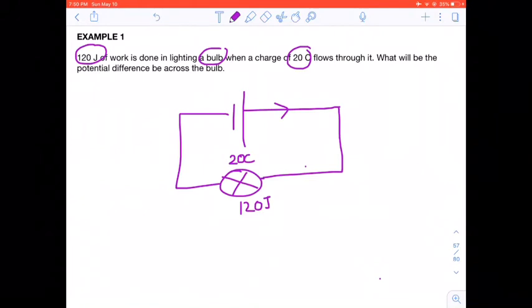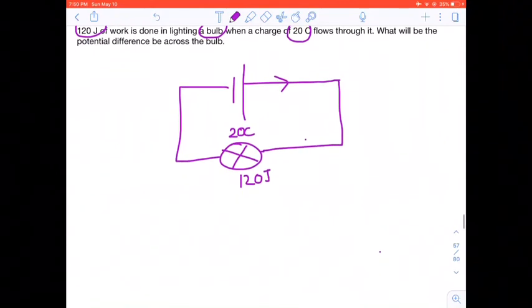So 120 joules of energy is transferred to this particular bulb.